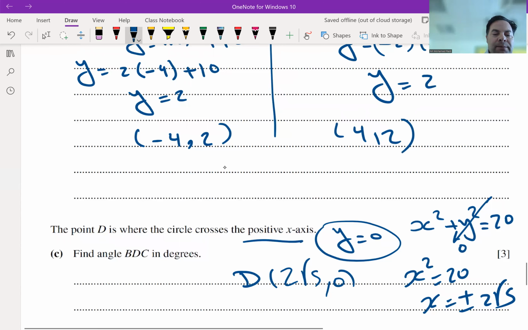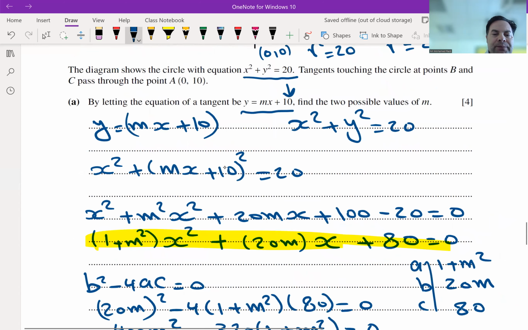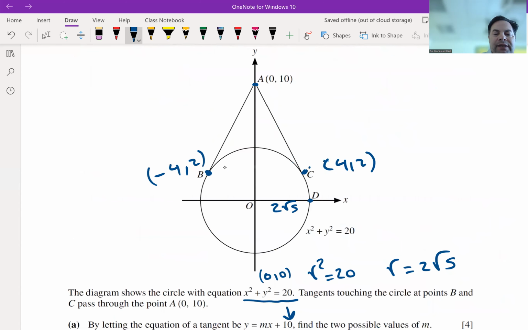Find the angle BDC in degrees. Angle BDC.